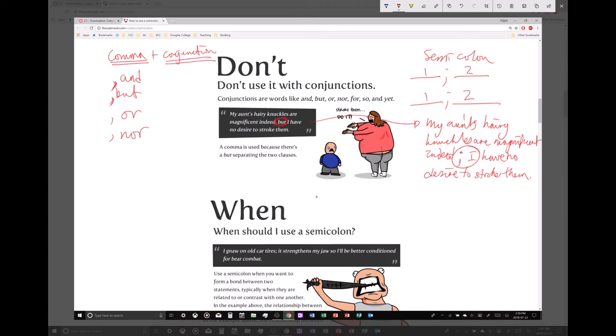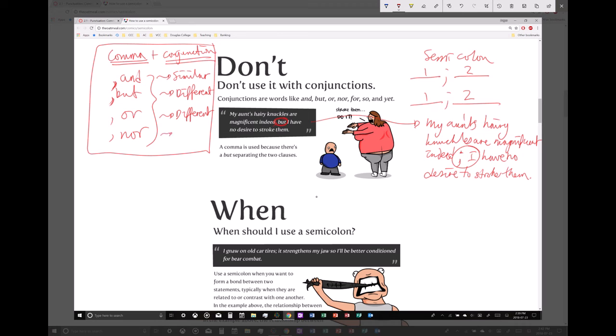Now the advantage of using a comma and a conjunction is that you can add meaning to the connection between sentences. For example, and could be for similar things, but could be for different clauses, or is similar to but, it's not the opposite.